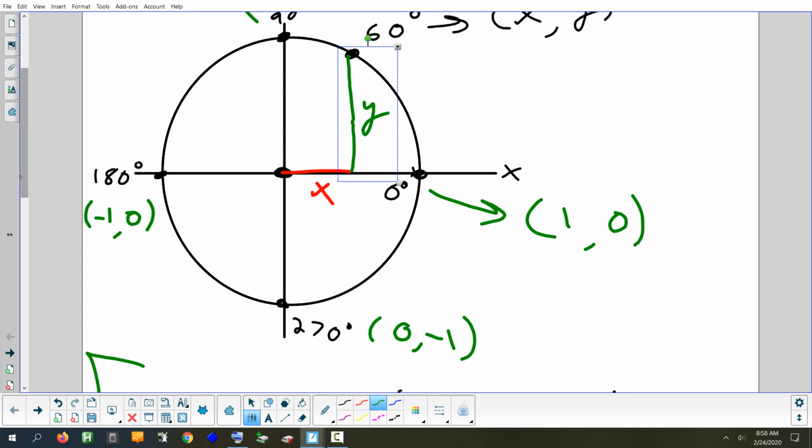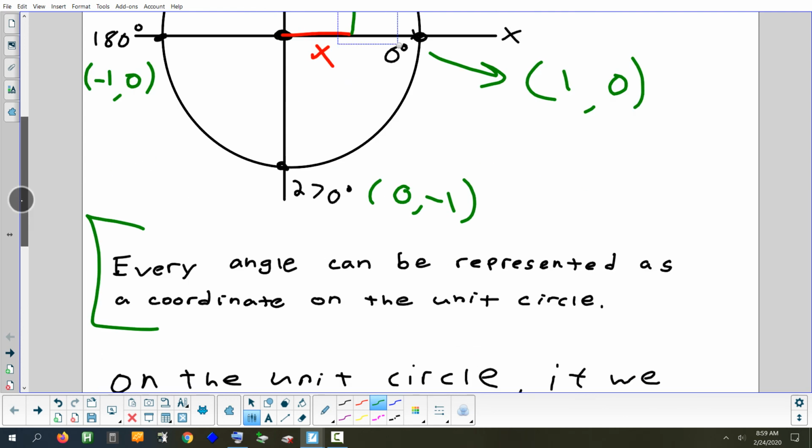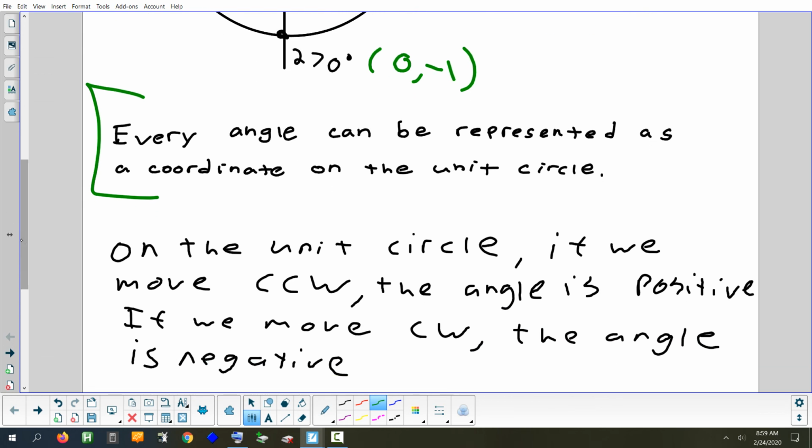Now, when you're putting it on the circle, you've got to remember angles can be positive or negative. Okay? There's a difference between positive 90 and negative 90. They're different. And the difference is, starting from 0, do you go clockwise or do you go counterclockwise?